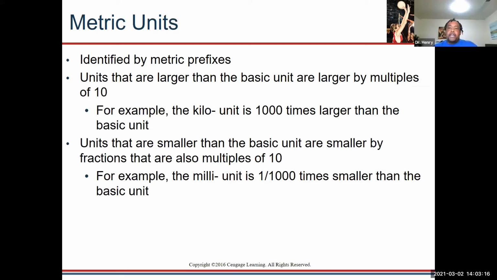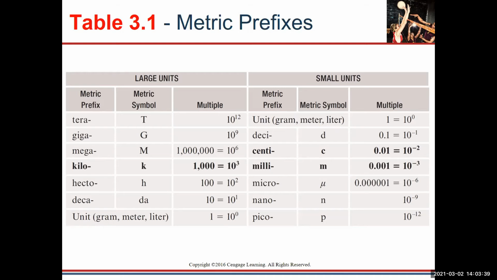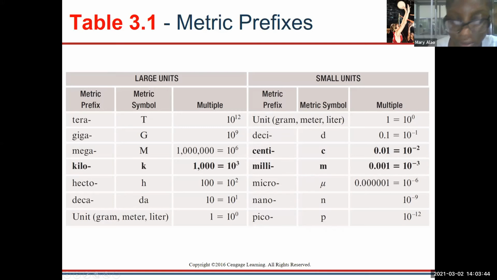Micro is going to be 10 to the 6. And let me show you this. I have this nice little table here. So a micrometer is going to be 10 to the 6 micrometers to equal 1 meter.